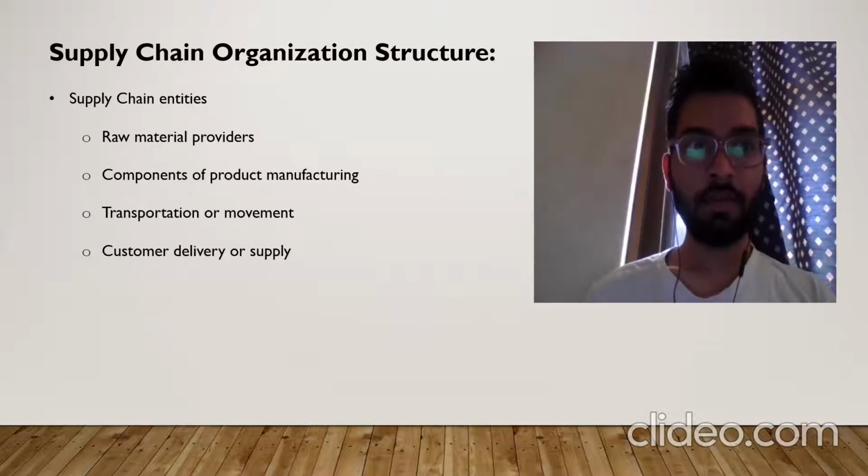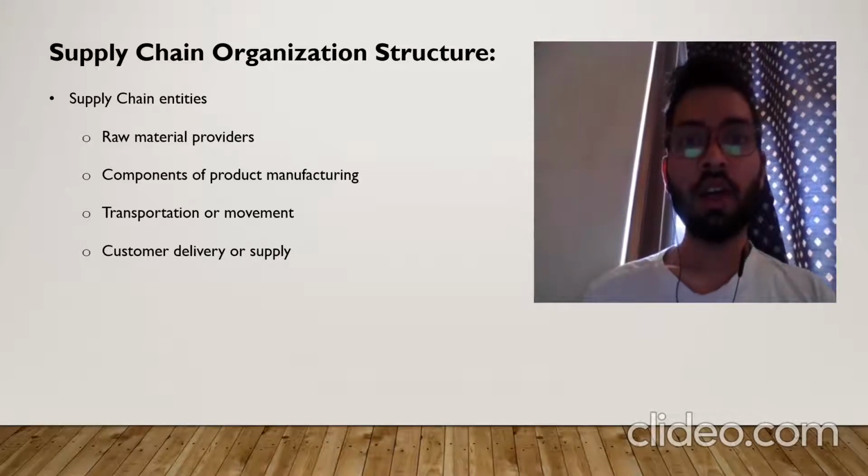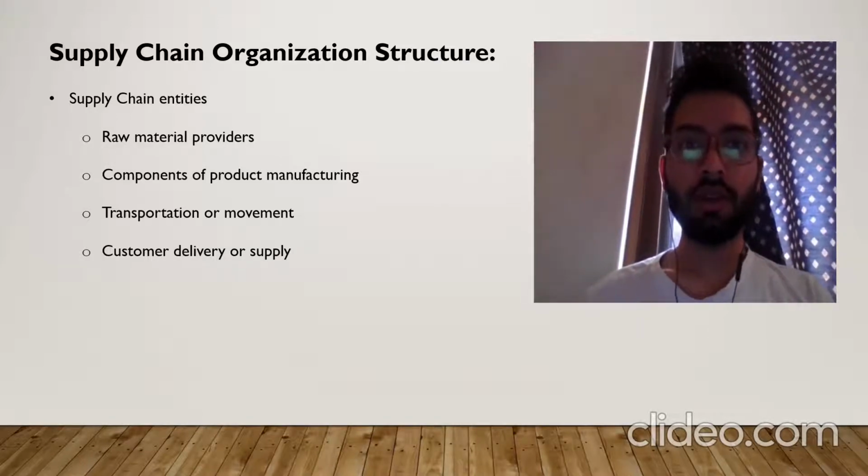Thanks, Sanjay. My name is Kapil and my student ID is 3037671 and I have two slides to present on. The first is on the topic supply chain organizational structure. A supply chain consists of several entities including the raw material provider, elements and services required for manufacturing of the product, transportation or movement, and its supply to the customer.